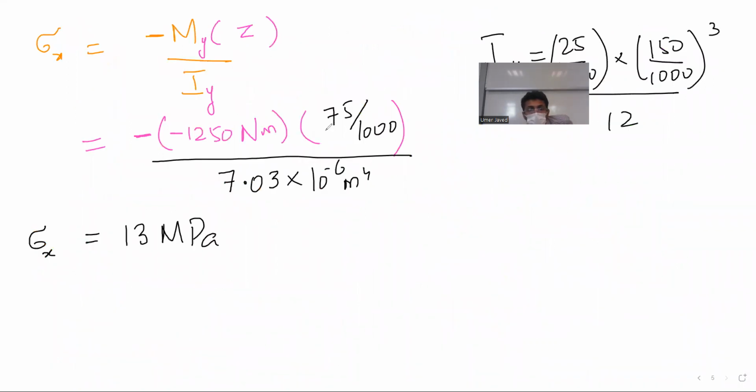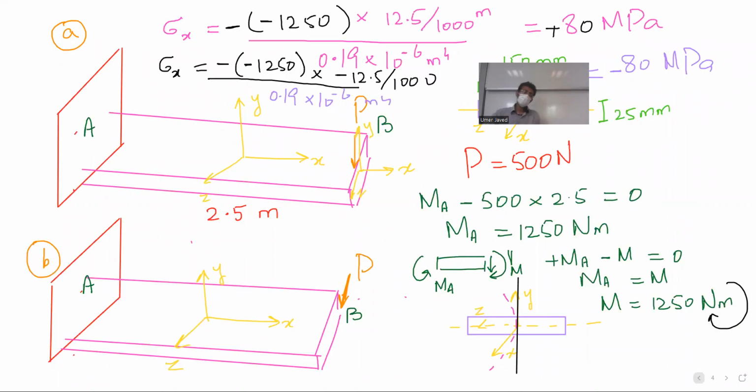So why am I getting a positive answer? I think it's because of this. So moment is negative, no? Because when I am putting a load like this, then I'm surely getting a negative My.